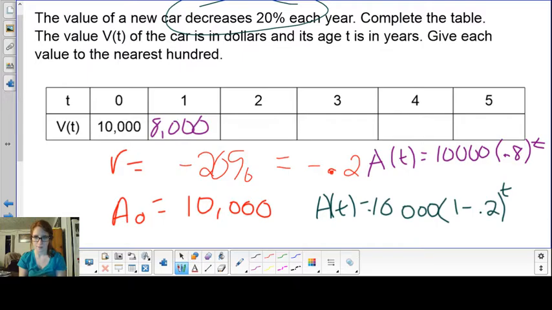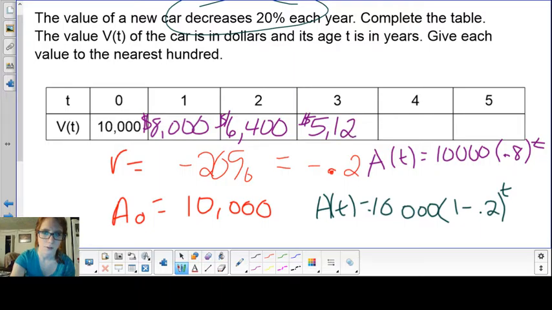Next, I'm going to take 10,000 times 0.8 to the second, because it's year 2. And I should get $6,400. I forgot this is a dollar amount. Year 3 should be 5,120.